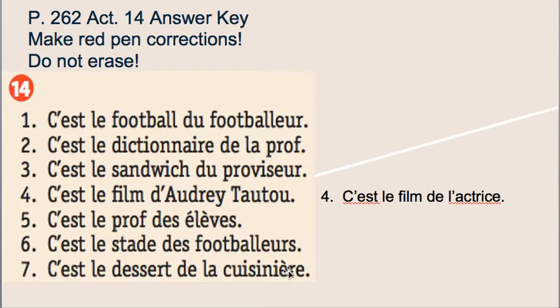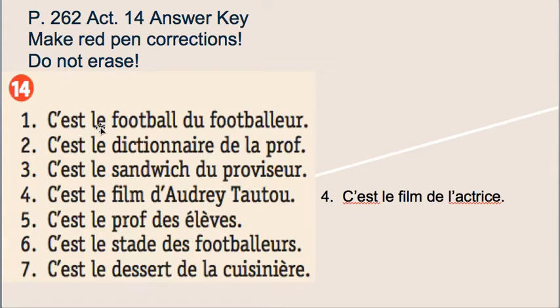Cuisinière is the feminine form of the word for a chef or a cook, so we have to use the feminine form here. All right, let's talk very quickly about how to translate each of these. When you're telling ownership, basically what you're doing is you're going to be reading the phrase backwards. For instance, if I start with number 1, I would use the phrase it is to start it out.